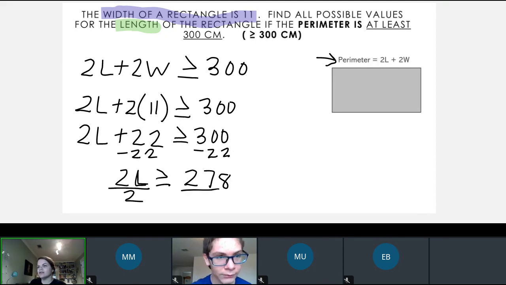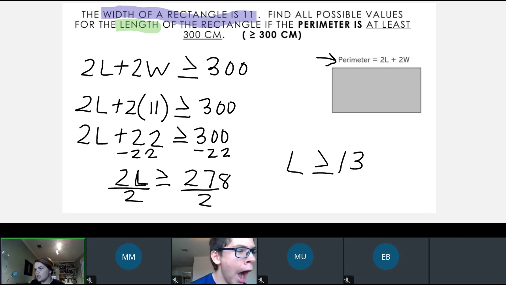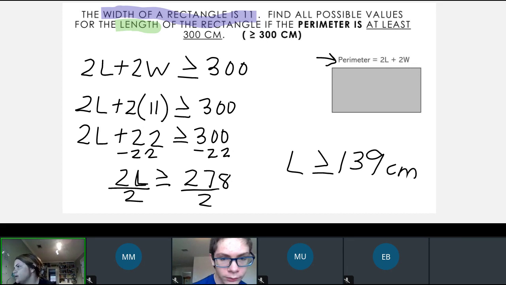And then lastly, we're going to divide by 2 on both sides. So that means the length of our rectangle, each length or each side, has to be greater than or equal to 139 centimeters. Any questions about this one?